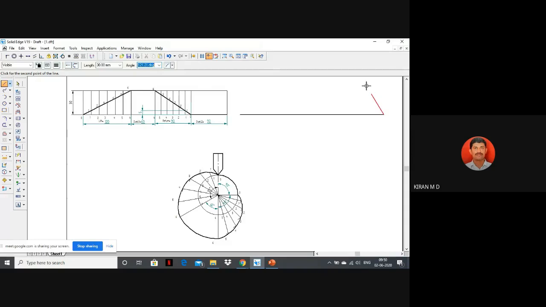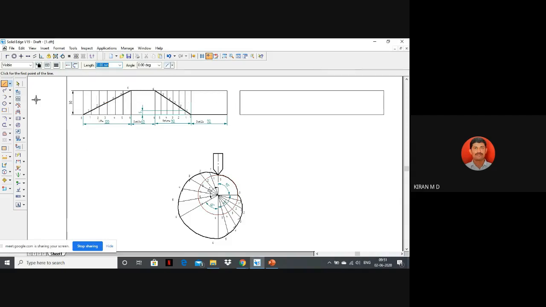Then draw the rectangle of 180 mm. The length of this rectangle is the angle of the circle, and the height is the stroke he has given, 30 mm. If he has given 40, you can draw a 40 mm height. Now, is it clear?